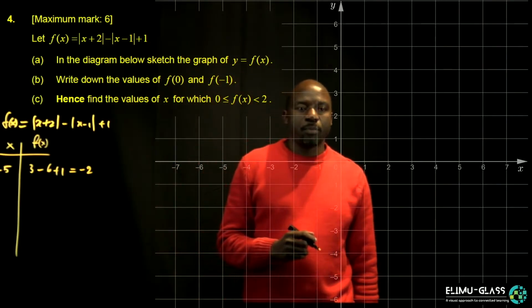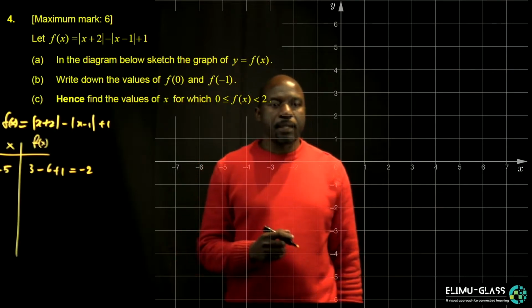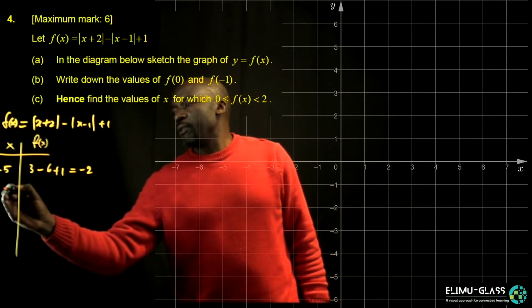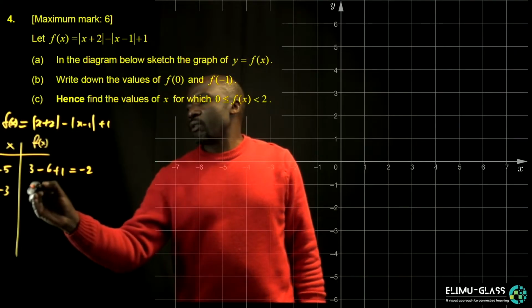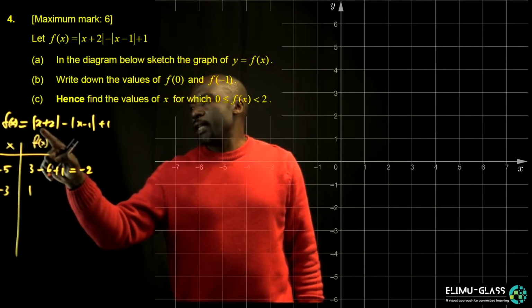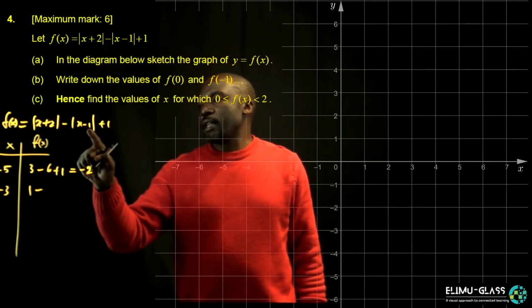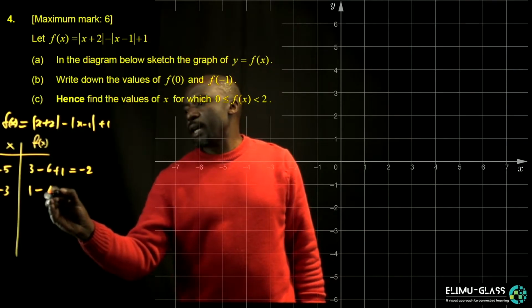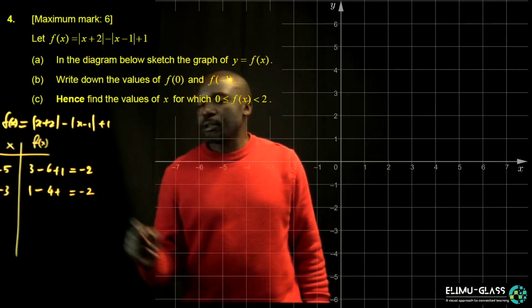Let's pick another point, maybe -3. Put -3 there, we get 1, minus, put -3, that's -4, so minus 4, and then plus 1, we get -2.